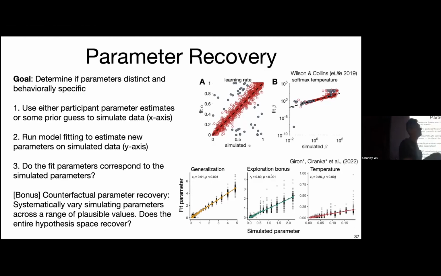So rather than only taking the parameters we got from participants, we iteratively held one parameter fixed and varied all the other ones across an entire range of values to simulate data, and we still get really good fits from parameter recovery. And here we often report it using a correlation. This is Kendall's Tau, which is a rank-based correlation method, and this gives a pretty robust measure of whether or not we're getting similar parameters back from when we do the simulation.